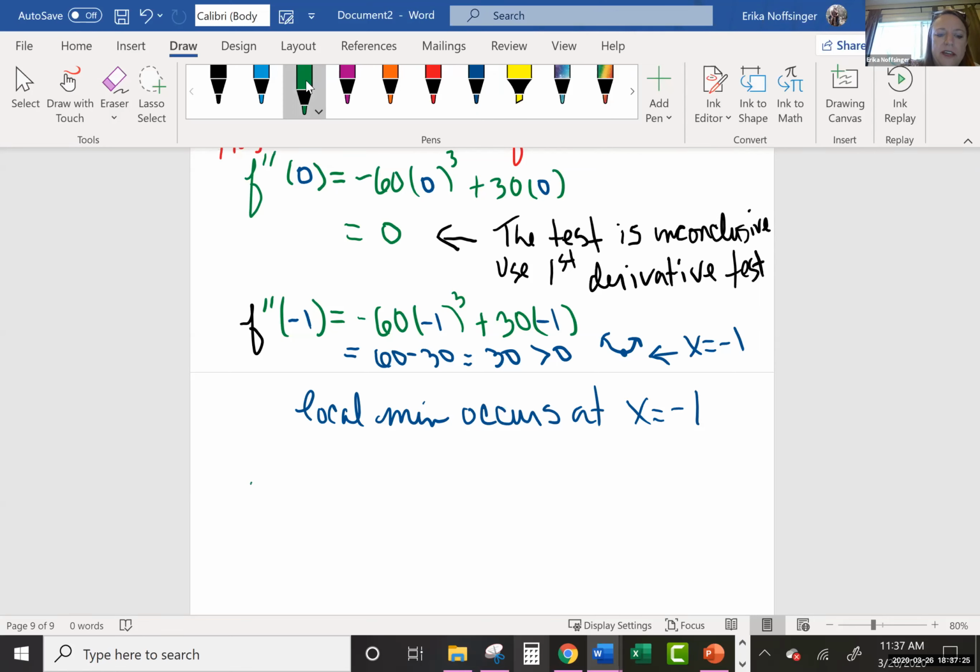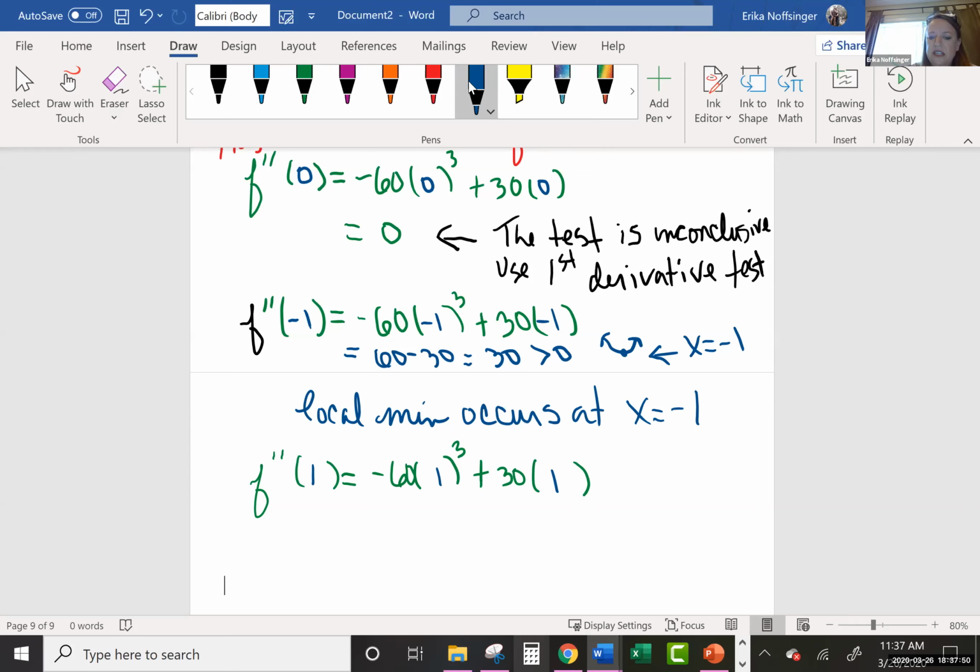And then we want to look at one more, the double derivative, plugging in positive 1. And so we have negative 60 times 1 cubed plus 30 times 1. And so that gives me negative 60 plus 30.